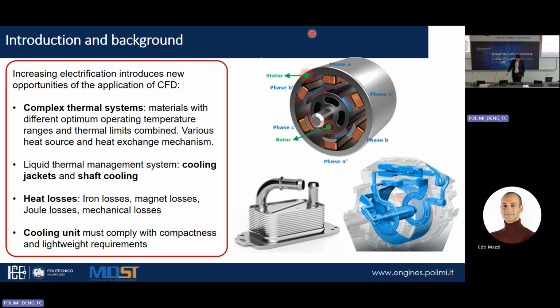And then a cooling unit, which, as we said before, has compactness and lightweight requirements. For a high-performance sports car based on electric traction this is a major concern, since the volume it occupies is in contrast with the volume and the weight occupied by the battery. And this is an aspect that is not negligible.